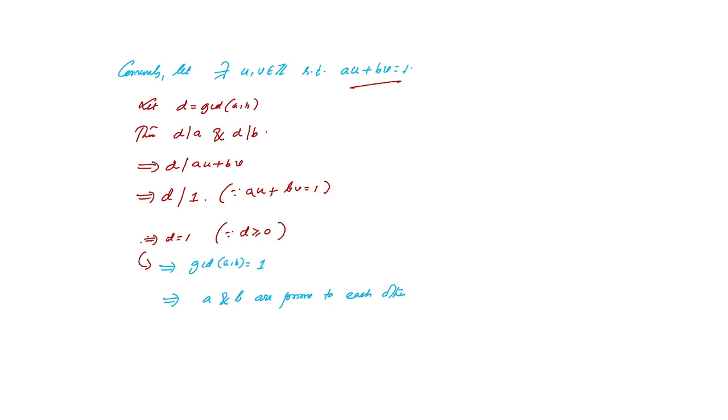That means GCD of A and B equals 1 and A and B are prime to each other. So our proof is done. So we conclude that A and B are prime to each other if and only if there exist U, V belonging to Z such that AU plus BV equals 1.